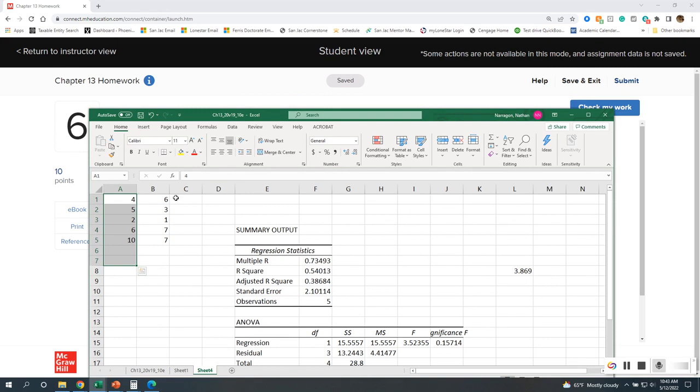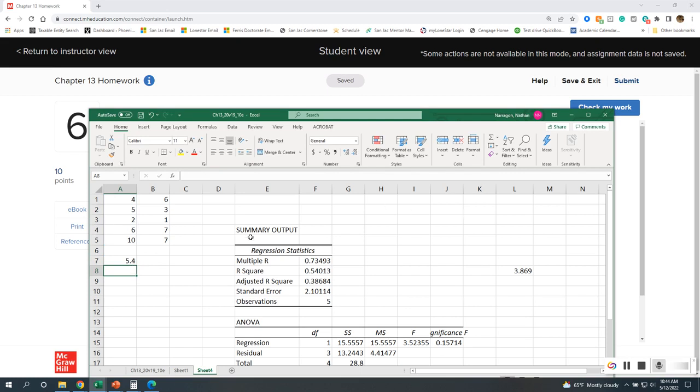Again, we're just going to do equals sum of these numbers, divided by 2. Oh, not 2. Why am I thinking 2? 1, 2, 3, 4, 5. Yeah, 5 numbers. So that is our mean, 5.4.